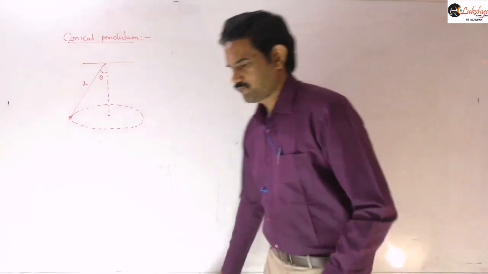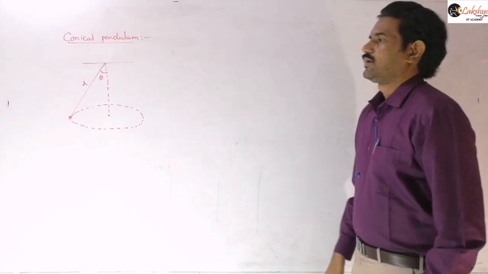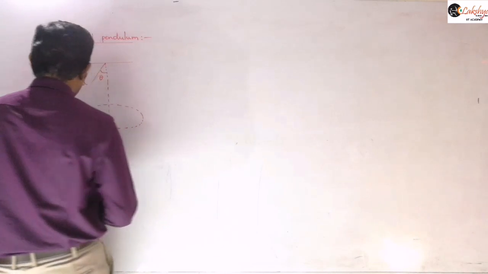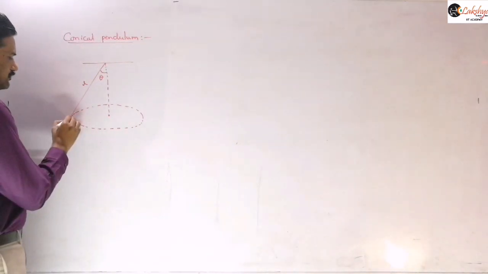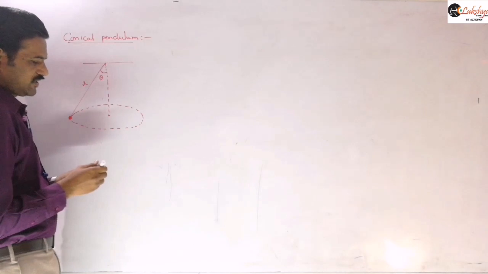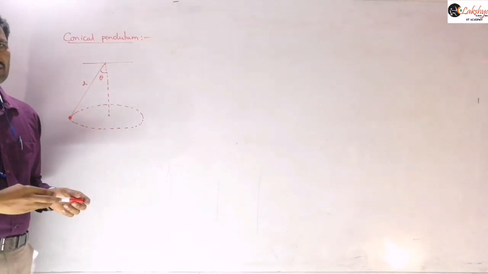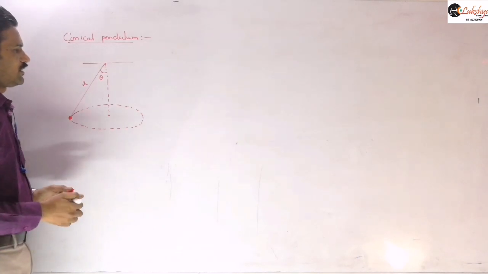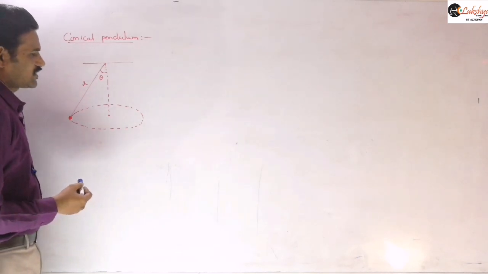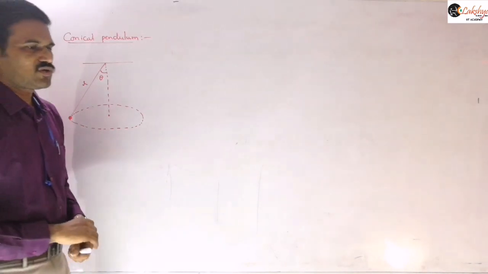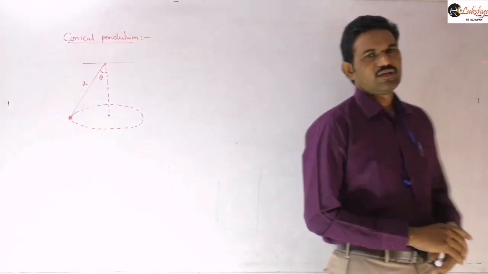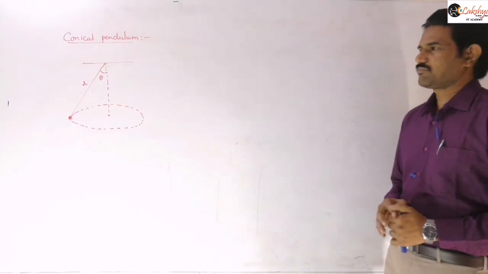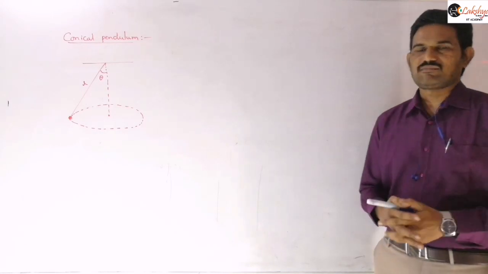Let m be the mass of the bob. Bob means it is nothing but this point mass here. Let m be the mass of the bob and L is the length of the string. And it revolves in a horizontal circle such that the string makes an angle theta with vertical.